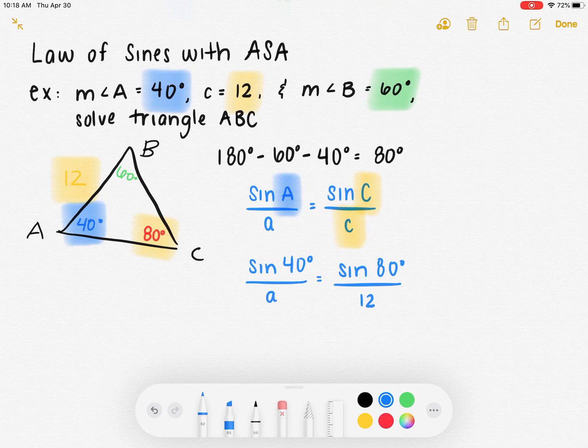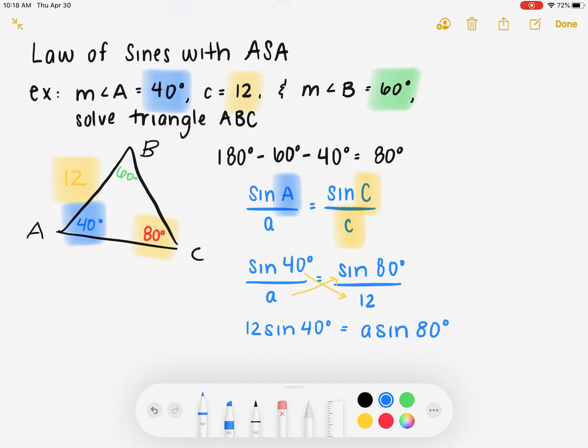Now, in order to solve this, I'm going to cross multiply, and I'm going to get 12 sine 40 degrees equals A sine 80 degrees.